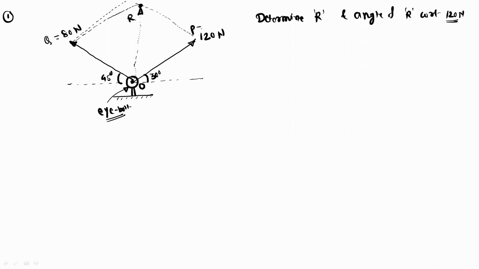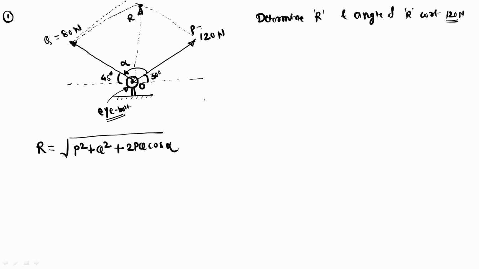So the angle between the two forces as per the definition is alpha. Okay. So we can use the resultant formula. R is equal to square root of P square plus Q square plus 2PQ cos of alpha.